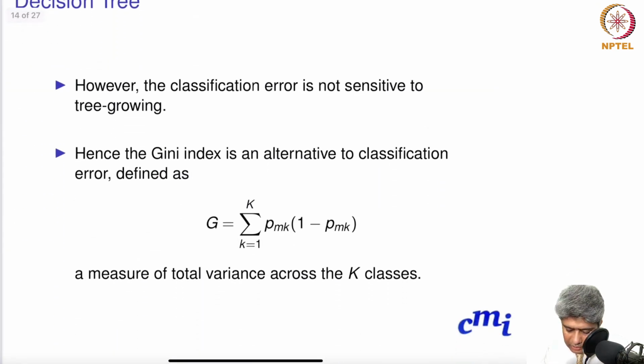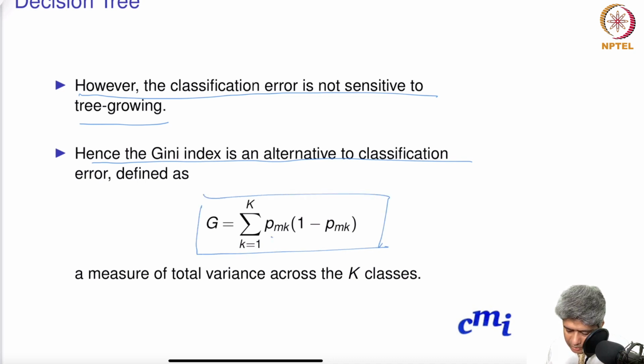However, the classification error is not sensitive to tree growing. Hence, the Gini index is an alternative to classification error, and this is the sum over k of pmk times (1 minus pmk), a measure of total variance across the K classes. How much variability you see across classes.